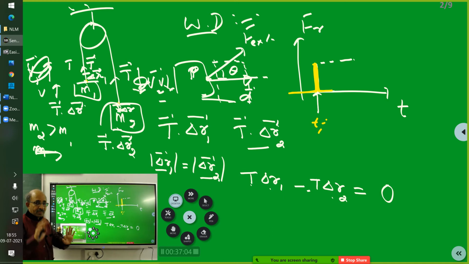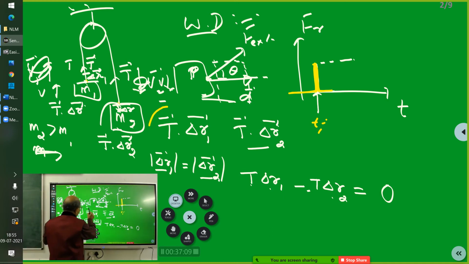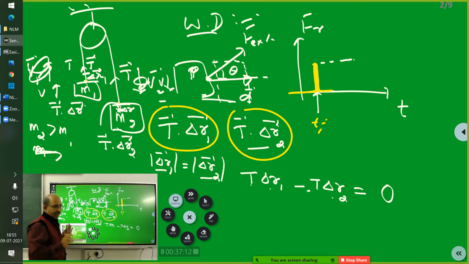Now I am going to use a word. Here you see, this is representing work done. This is also representing work done. But actually, if you see this, it appears work is being done on this, and it also appears work is being done on this.